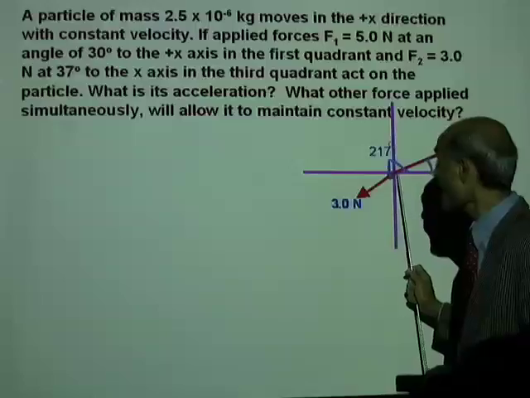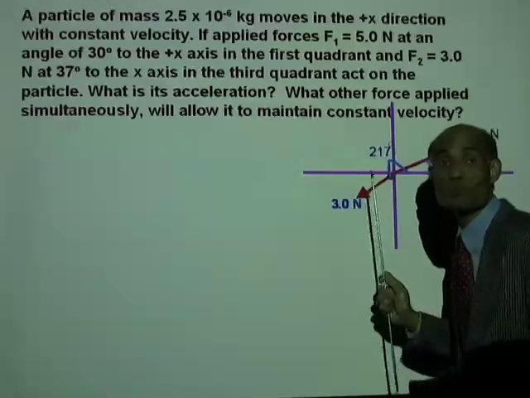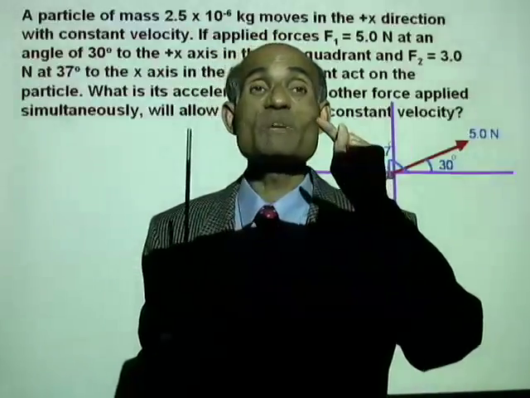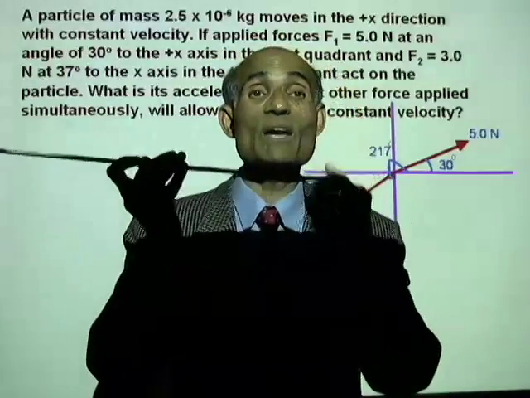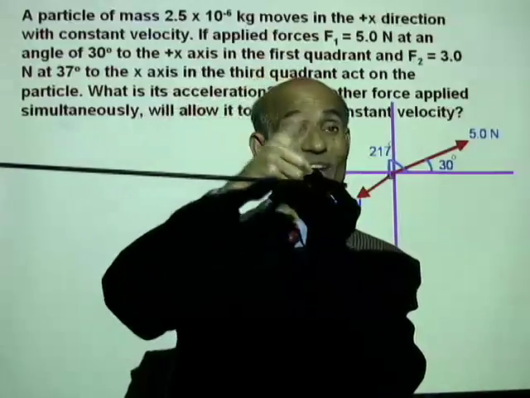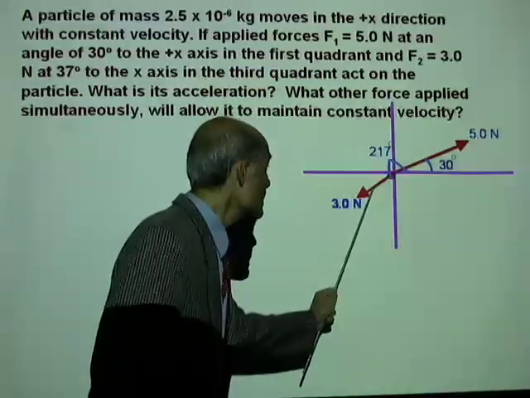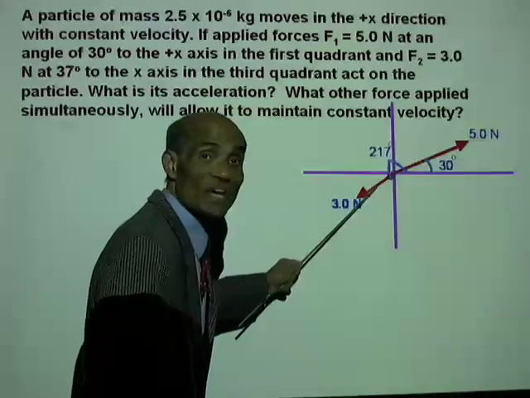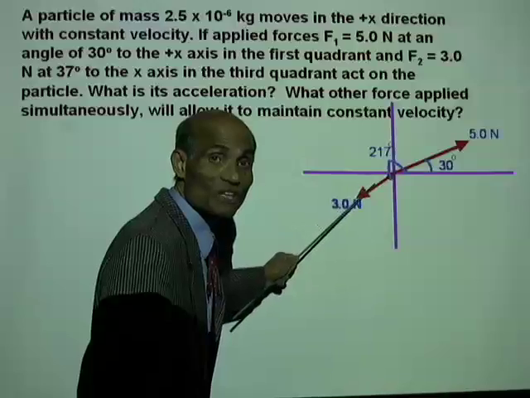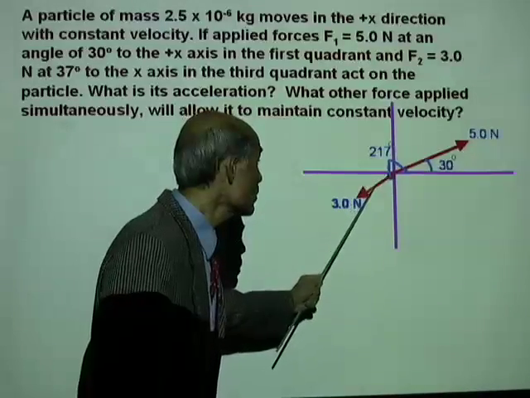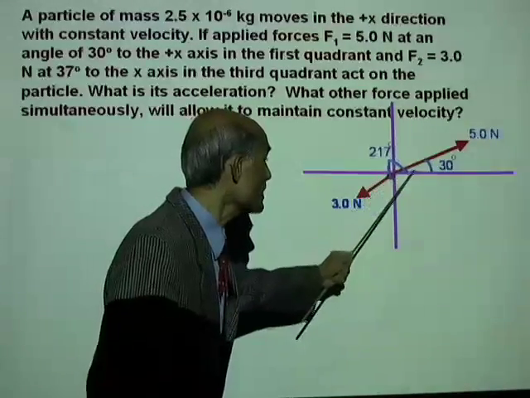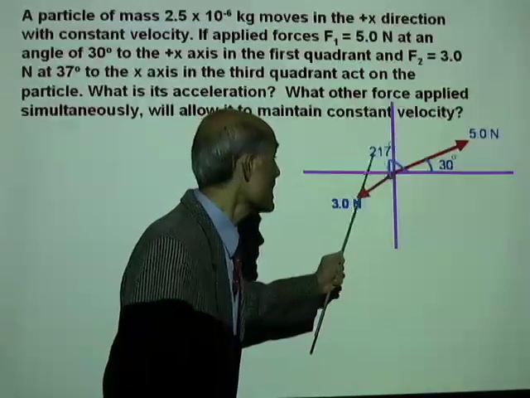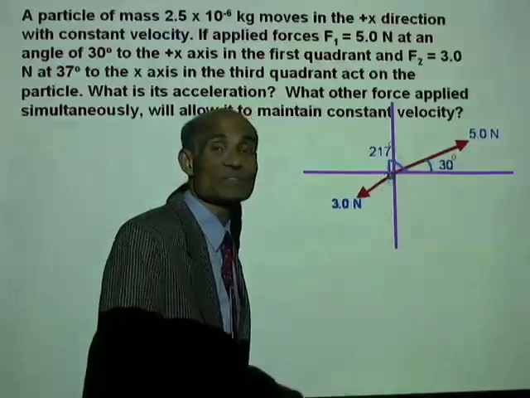Therefore, what is the angle that this makes with the positive x-axis? Remember, all vectors need to be identified with their angle measured from the positive x-axis. If this vector makes an angle of 37 degrees with the x-axis in the third quadrant, that is this angle, then the angle it makes with the positive x-axis is 37 plus 180, that is 217 degrees.